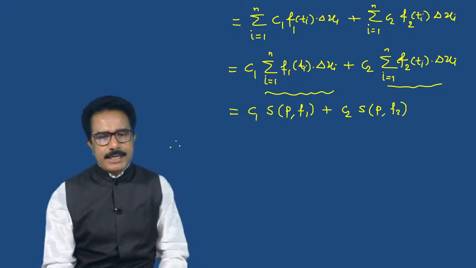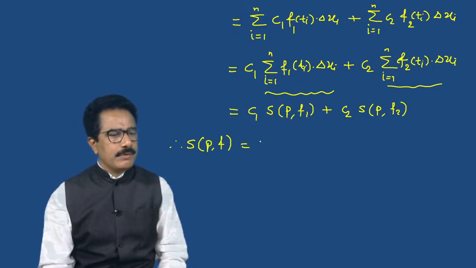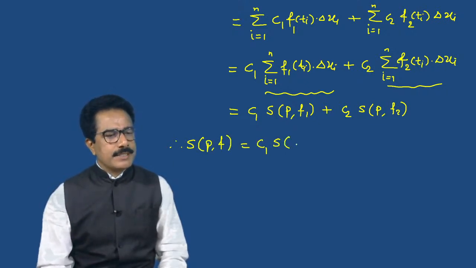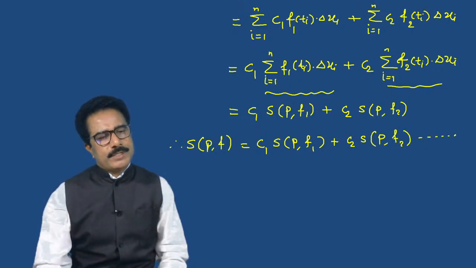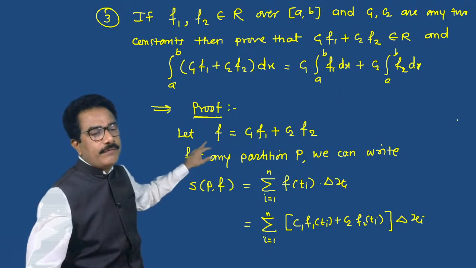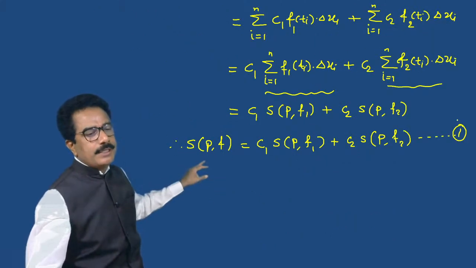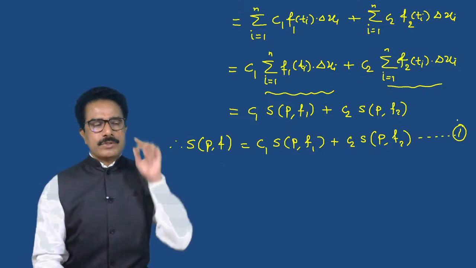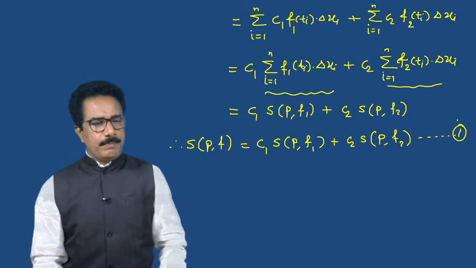So we get the result S of P comma F, which is equals to C1 S of P comma F1 plus C2 S of P comma F2. Suppose this is equation number 1. We have proved this result. According to our supposition F is equals to C1 F1 plus C2 F2, we can write S of P comma F is equals to C1 S of P comma F1 plus C2 S of P comma F2.